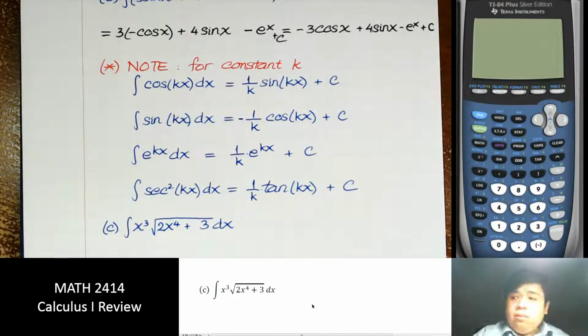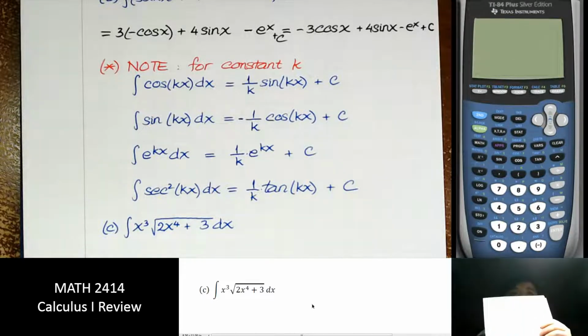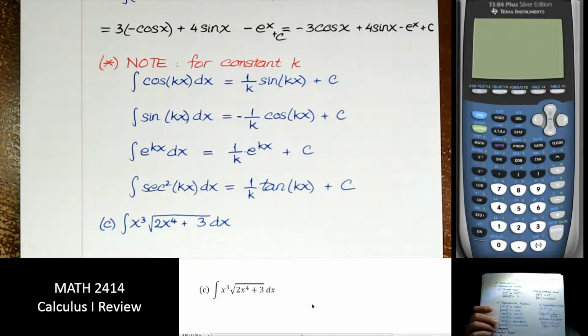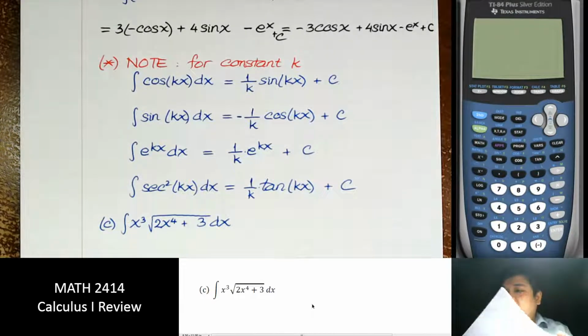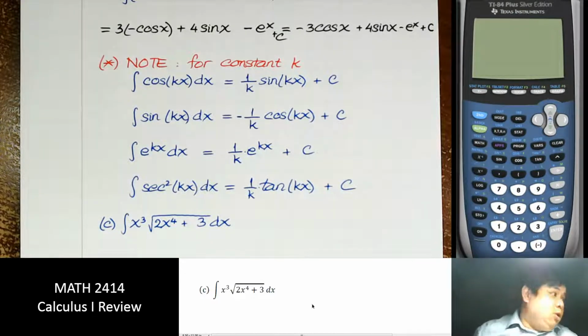One important thing on the derivative and integral rules that I wrote out earlier: the chain rule for the derivative, and the substitution rule for the integral. I will not write that out because that is the most important.